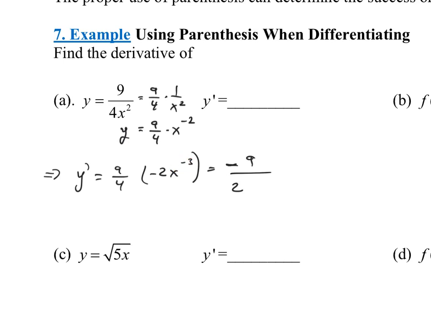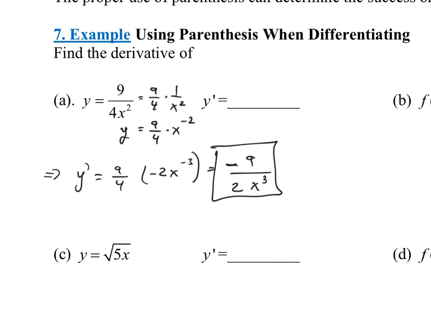And I want to be very careful here. Only the x goes into the denominator. That negative 2 does not move down. It is not raised to the negative power. Only the x is raised to the negative power. So this would be x to the positive 3 when it moves down. There's my final answer, a negative 9 over 2x cubed.